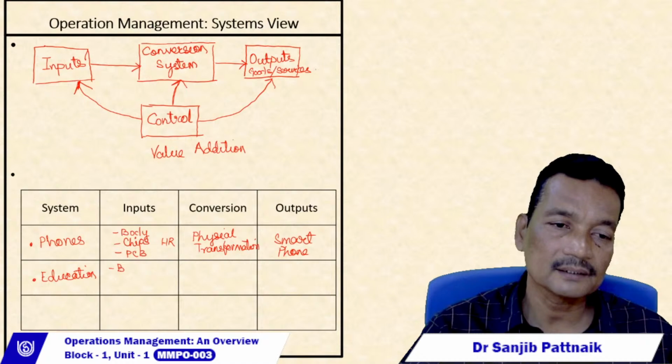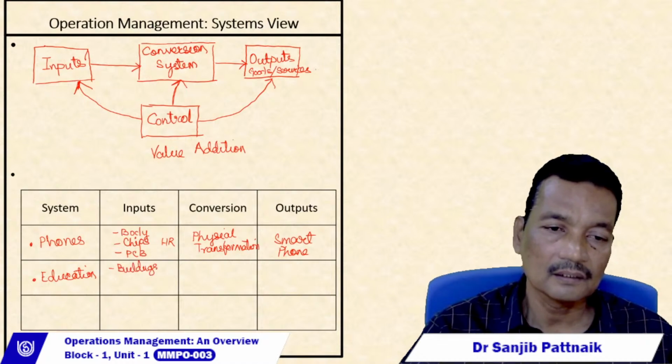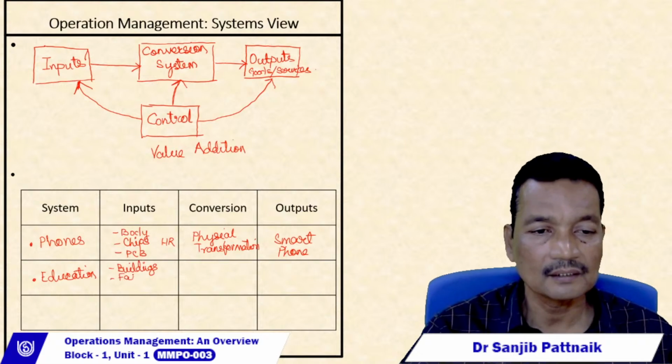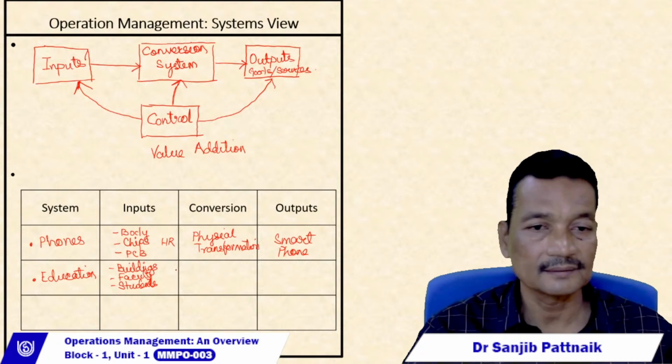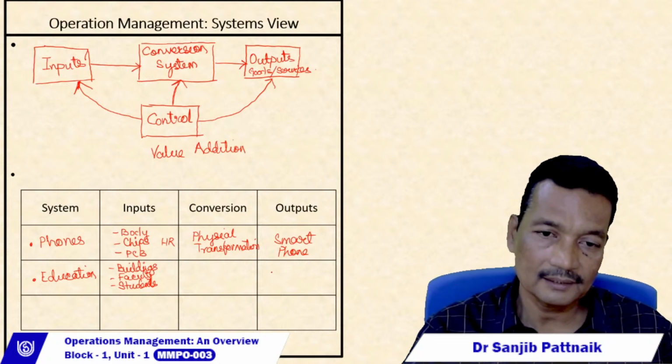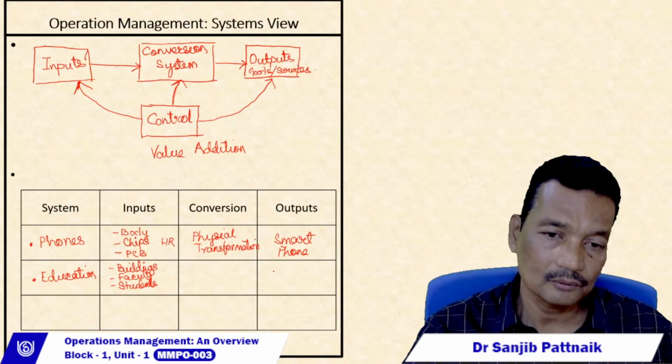Buildings, faculty, students, etc. What is the desired output?